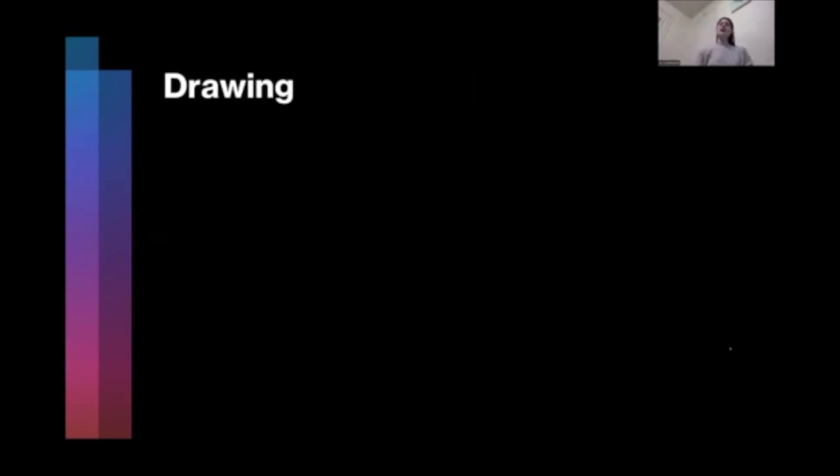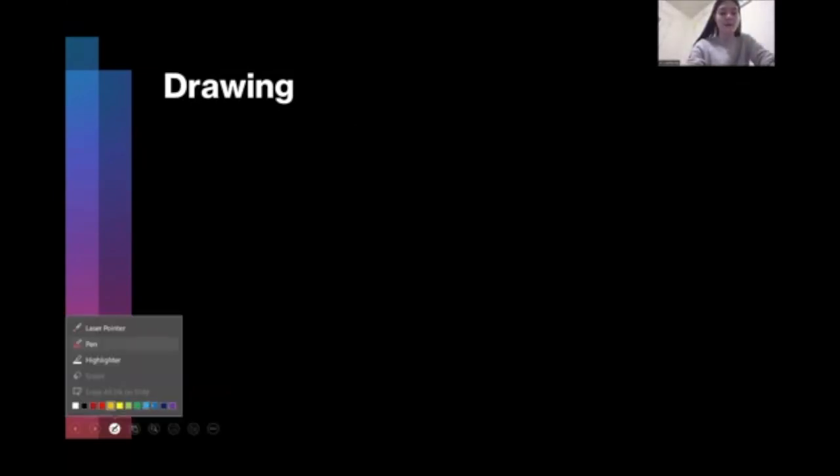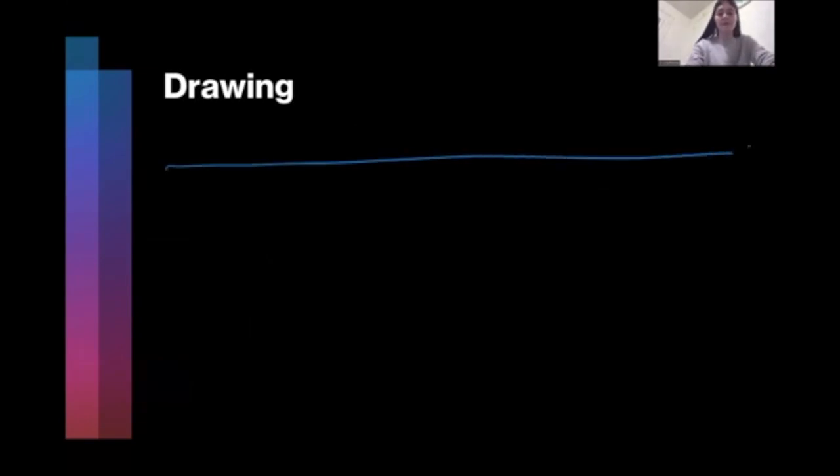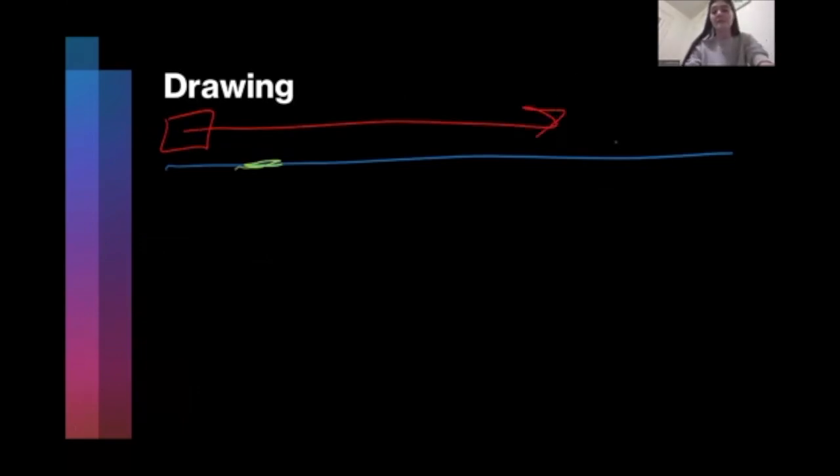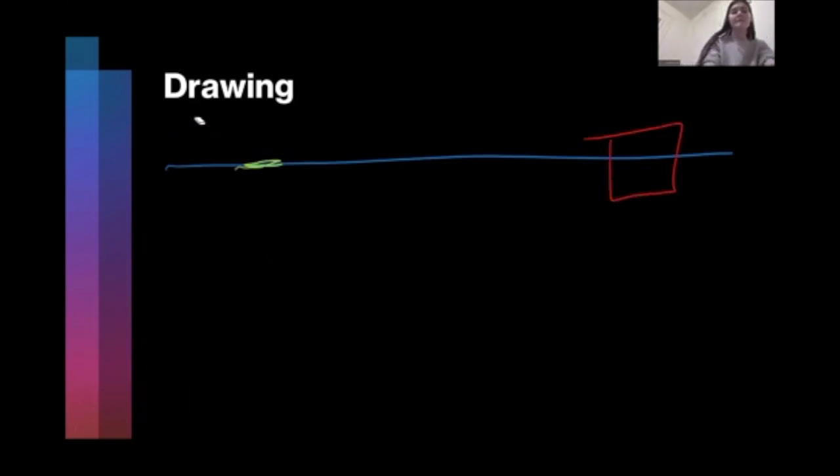So let's draw what this looks like. We have our DNA. Here is my termination sequence. And here is my RNA polymerase. He's all the way over here now. He's way past that termination sequence.